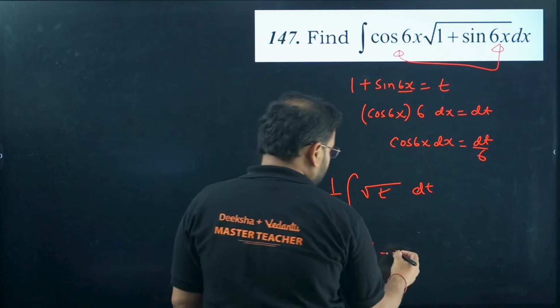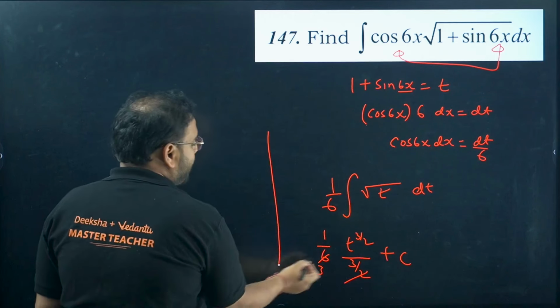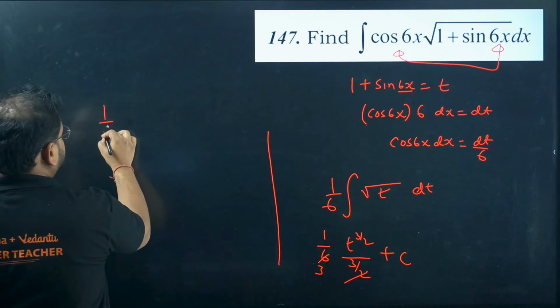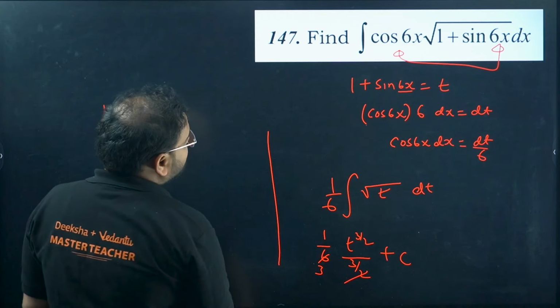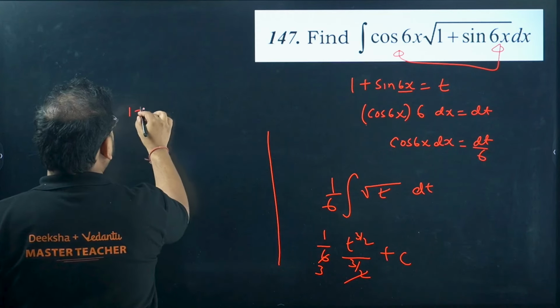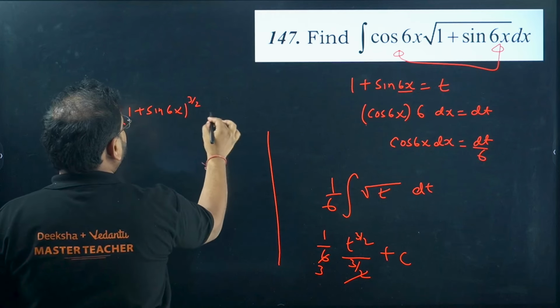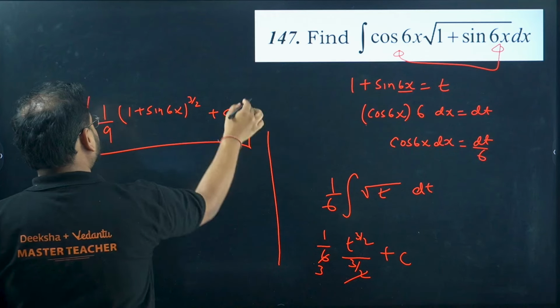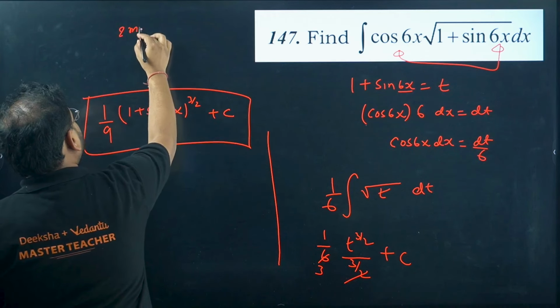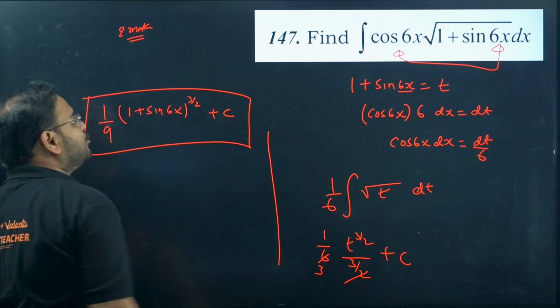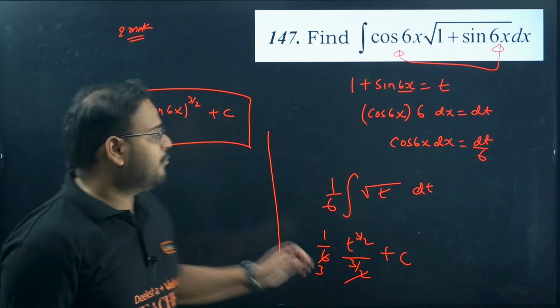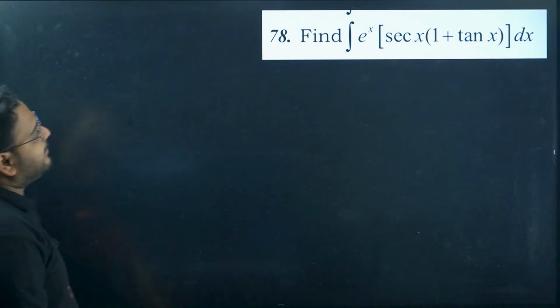My answer is simply over here 1 by 9. T is what? T is 1 plus sine. So 1 plus sine 6x power 3 by 2 plus c. Another 2 mark question. Okay, moving on.